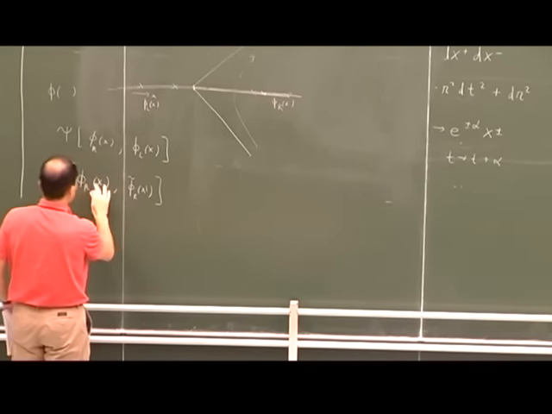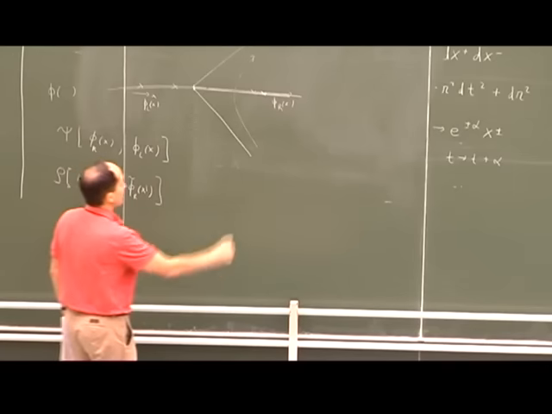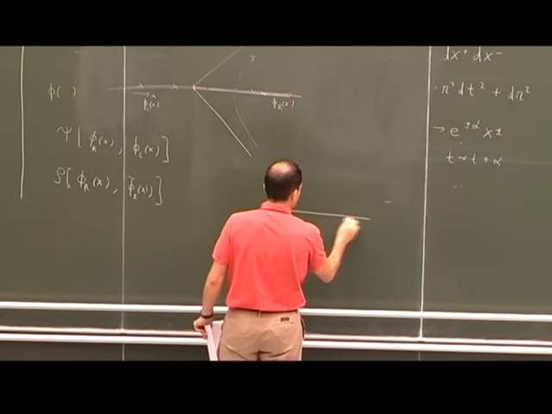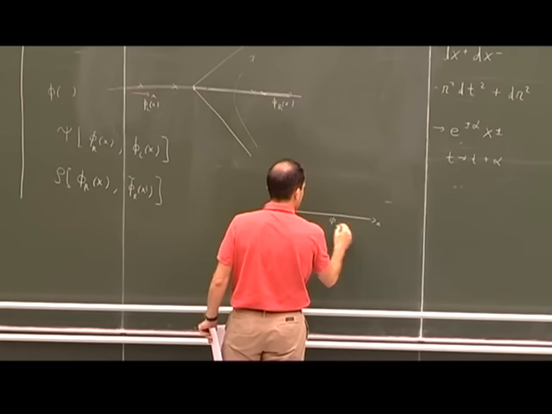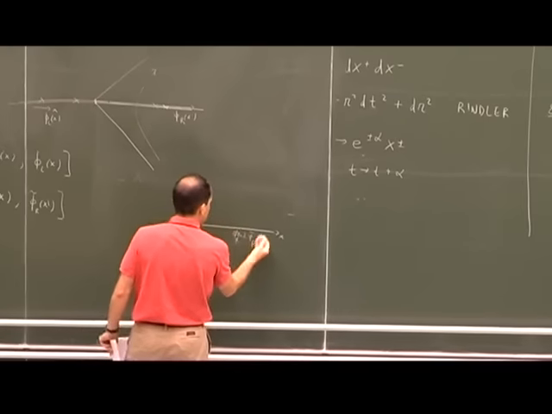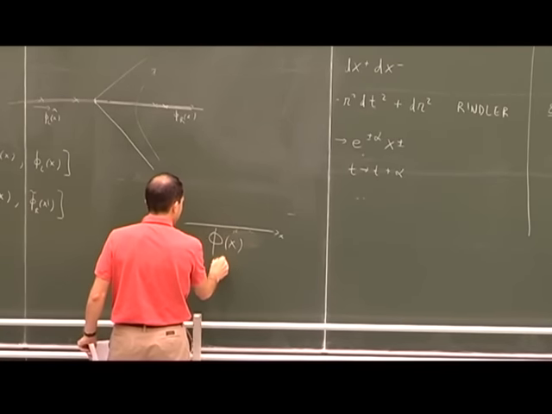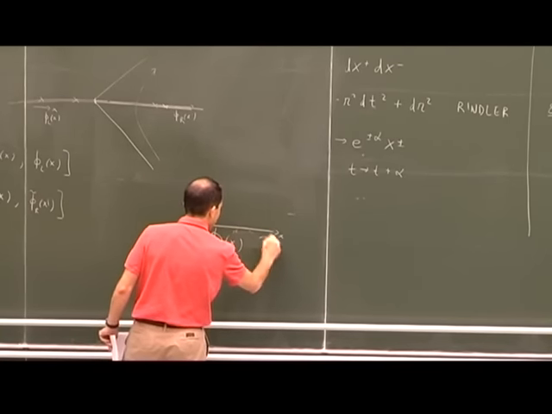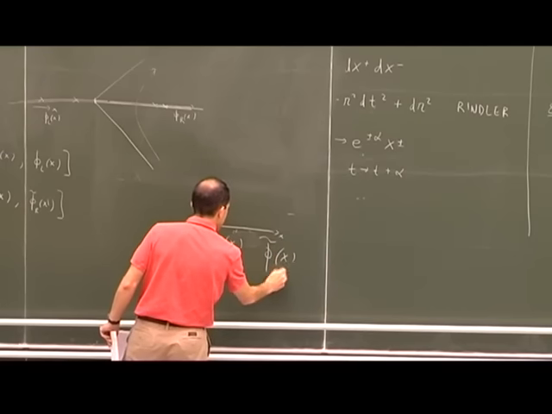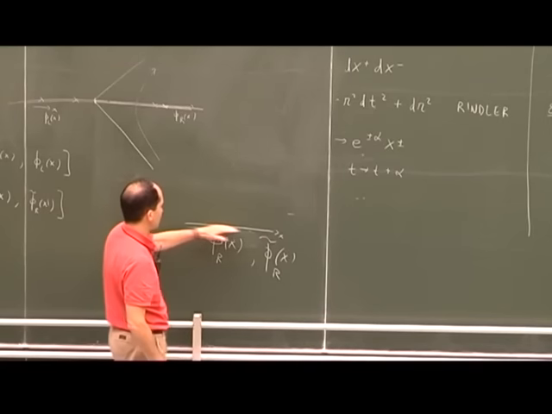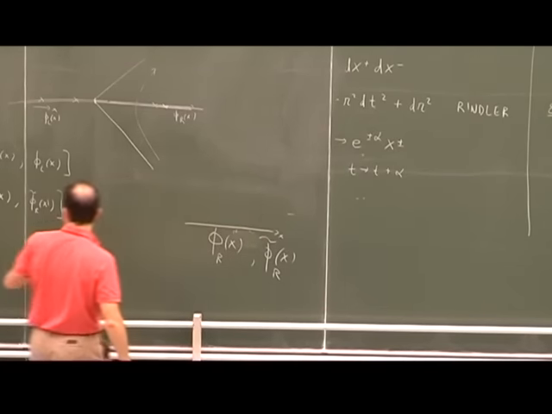I'm emphasizing these are two full functions that are defined on the right. So let me draw this way. We have here two functions, phi of x and phi tilde of x. Maybe I should write bigger. Can you see this? I can see it, but probably not from the back. Okay, so we have these two functions, which are the variables of the wave function defined on the right.